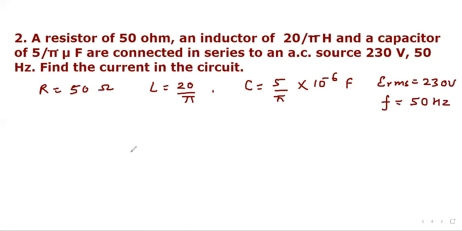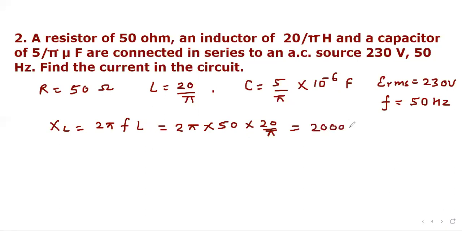So let's write the values. So XL is 2 pi FL. So 2 pi into F is 50 into 20 upon pi. So pi will cancel out, and then we will get 2000.